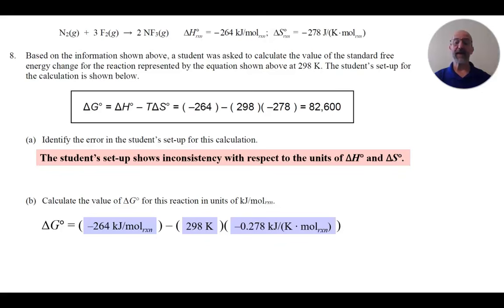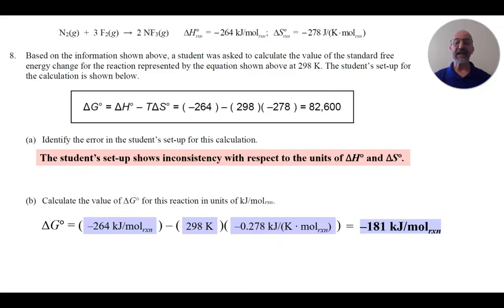And when I pick up my calculator, I will get negative 264 minus the product of 298 times negative 0.278. So the correct answer for delta G in part B of question 8 is negative 181, and the units are kilojoules per mole of reaction.